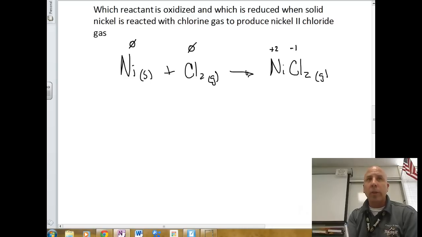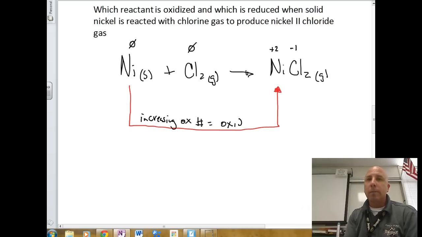Okay, so let's look just at the nickel here. So going from nickel here to there, what's happening is we are increasing our oxidation number, and that's oxidation. When you increase your oxidation number, that's oxidation.